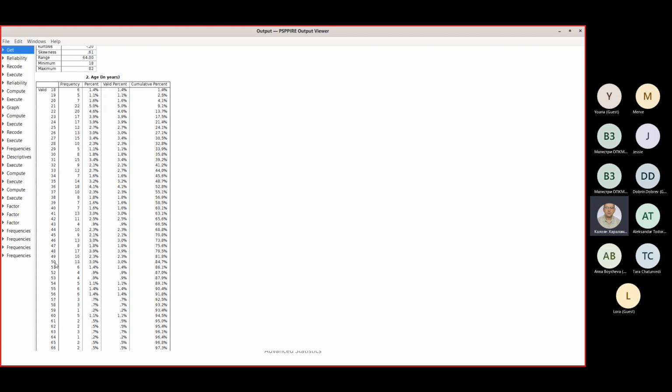And we will see that indeed in this interval there are the biggest frequency and the biggest percentage of population.